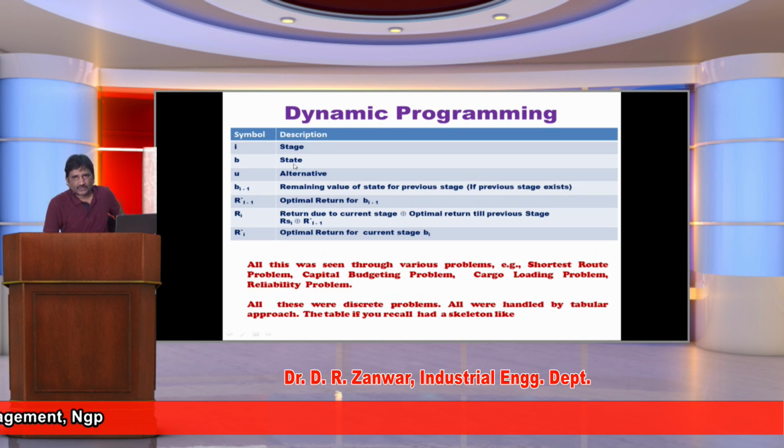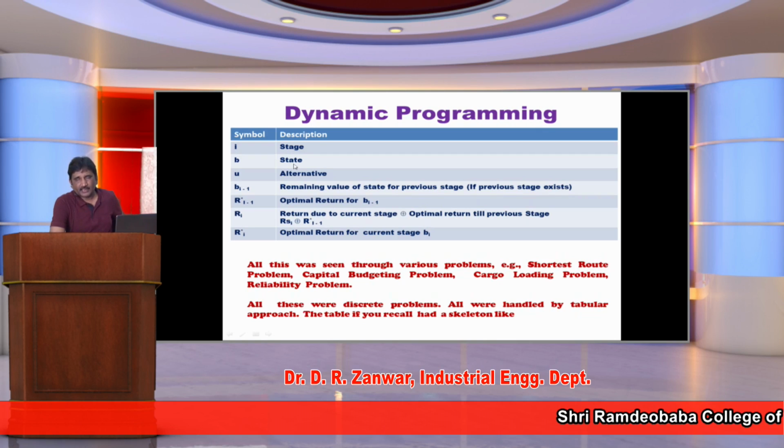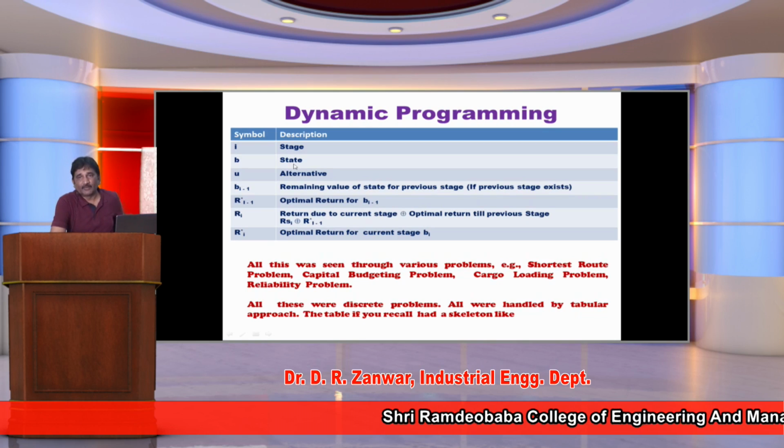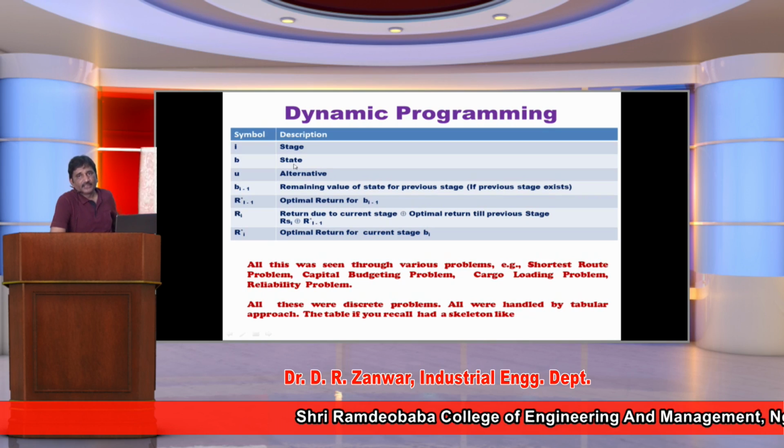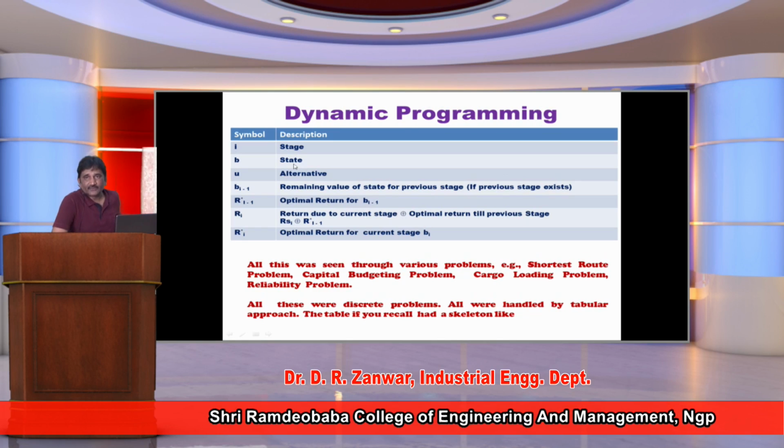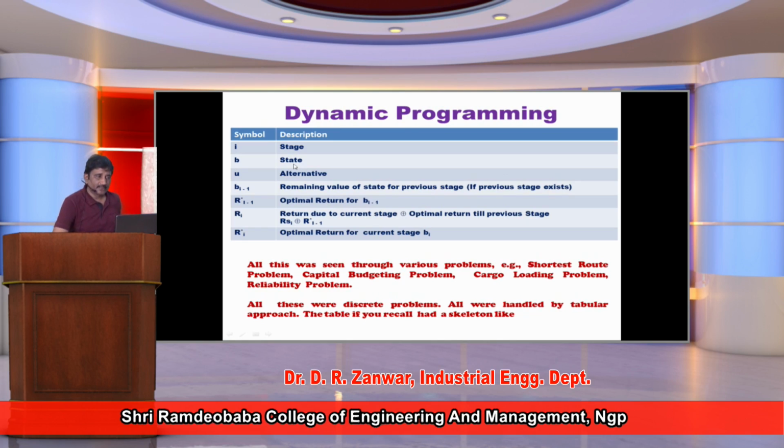So state is nothing but the different values of the constraint limit. State is a variable. Otherwise we assume the limit to be a constant, but in dynamic programming we have to consider it as a variable, right?